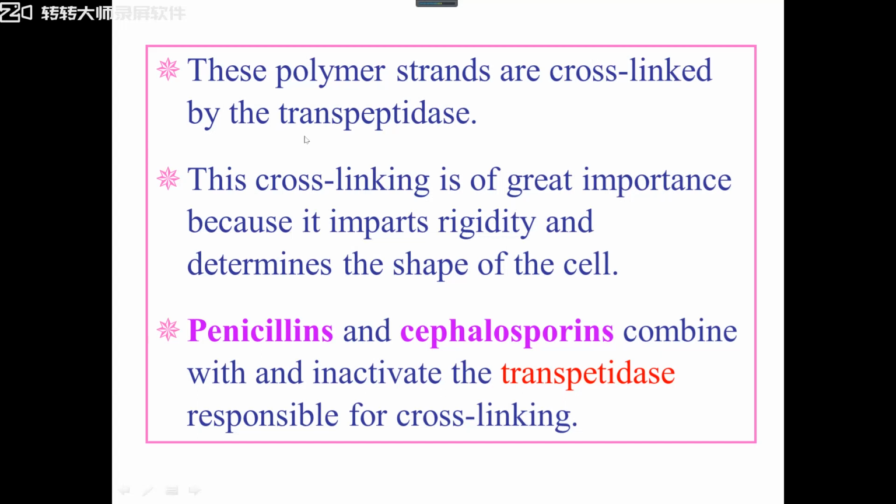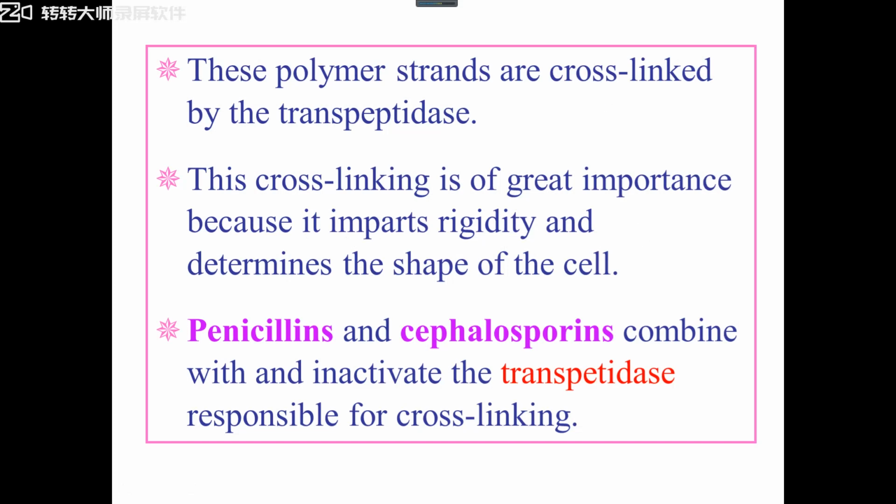This enzyme is transpeptidase. This cross-linking is of great importance because it imparts rigidity and determines the shape of the cell. So just now we explained the cell wall synthesis.